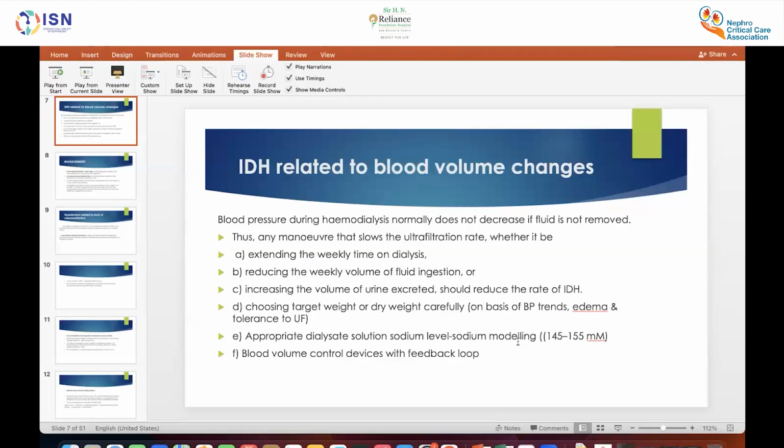So let us say that your sodium level is 140. So you can go up to 148. Then you cannot keep that level of sodium during dialysis. Otherwise, what will happen?